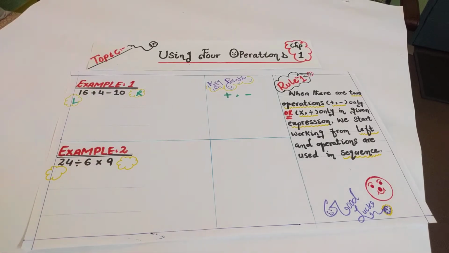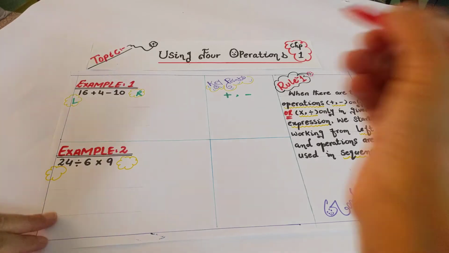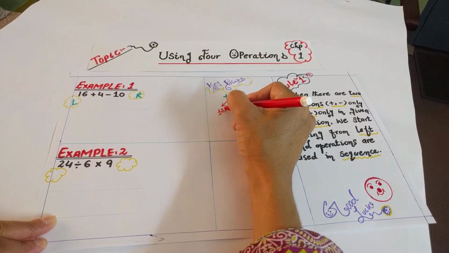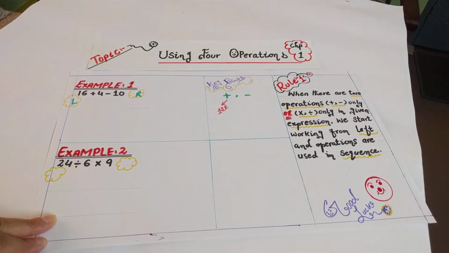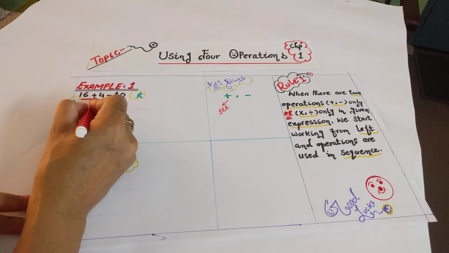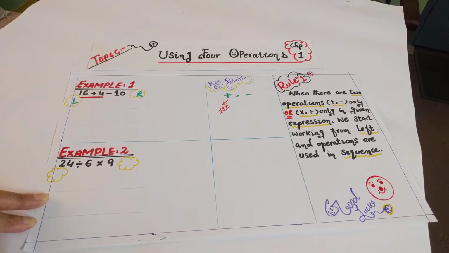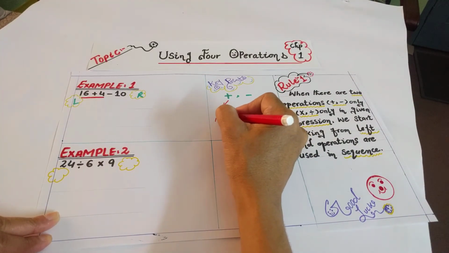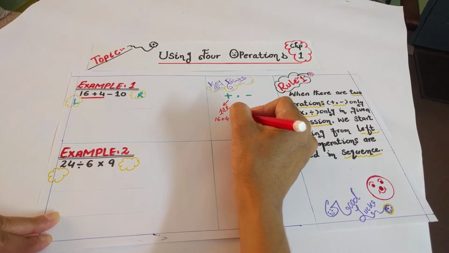So firstly we will solve the plus sign. What are the numbers? 16 and 4. So 16 plus 4 is equal to 20.